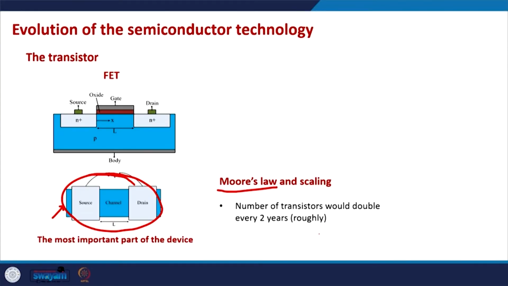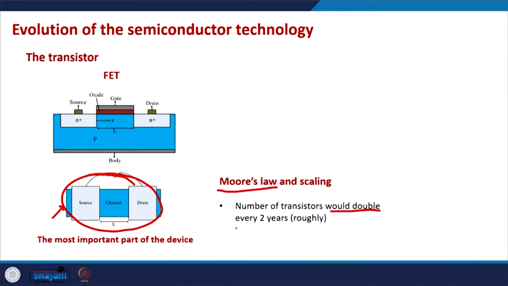So Moore's law essentially states that the number of transistors in a unit area of the chip would double almost every 2 years, roughly 18 months to 24 months.